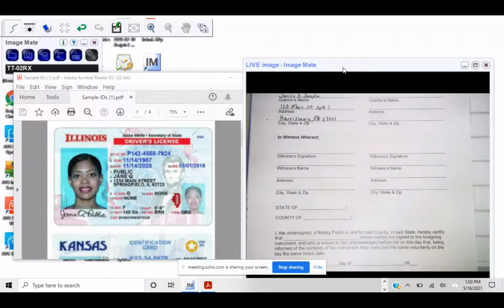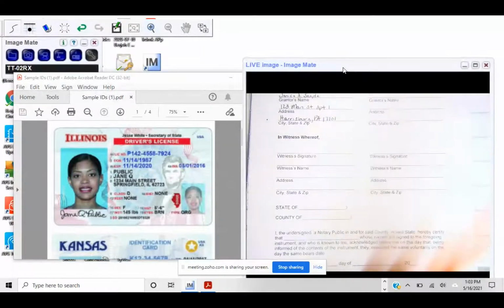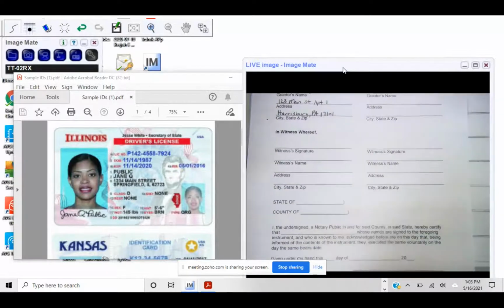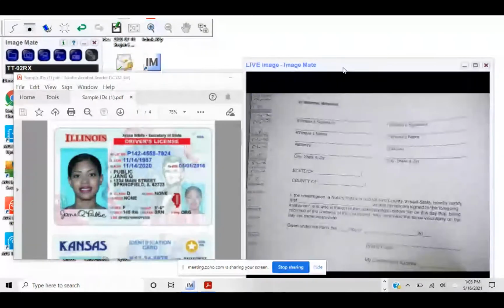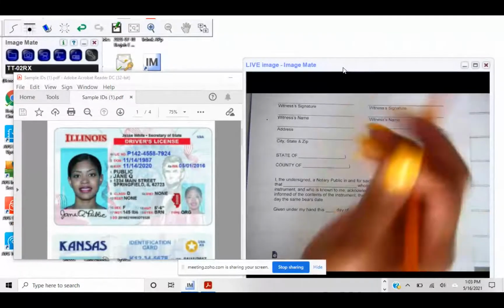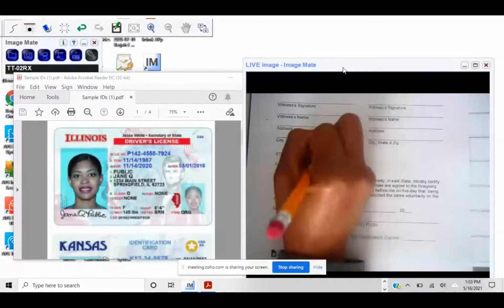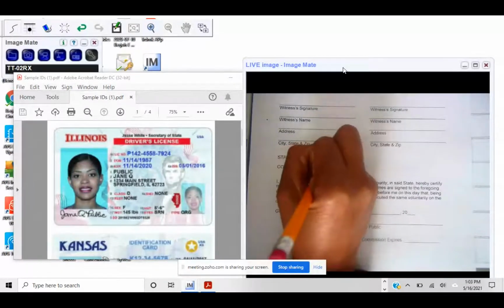And you know what I forgot to ask? Are you guys using your stamps to stamp your document so it can feel as real as possible? Yes. Okay, perfect. So I'm going to go ahead and fill this out. Florida, County of Broward.